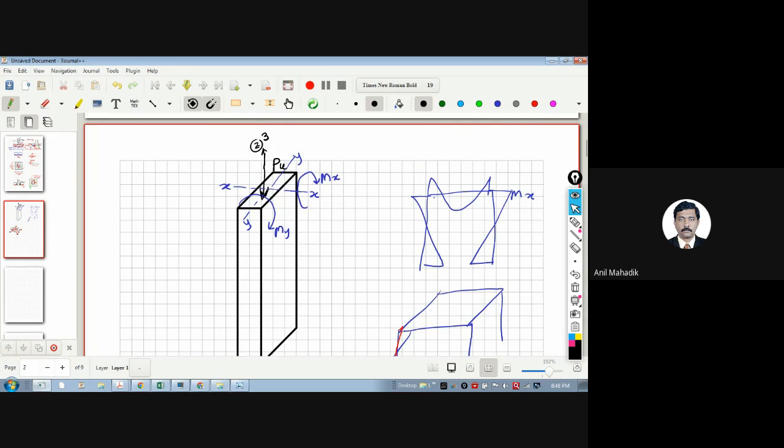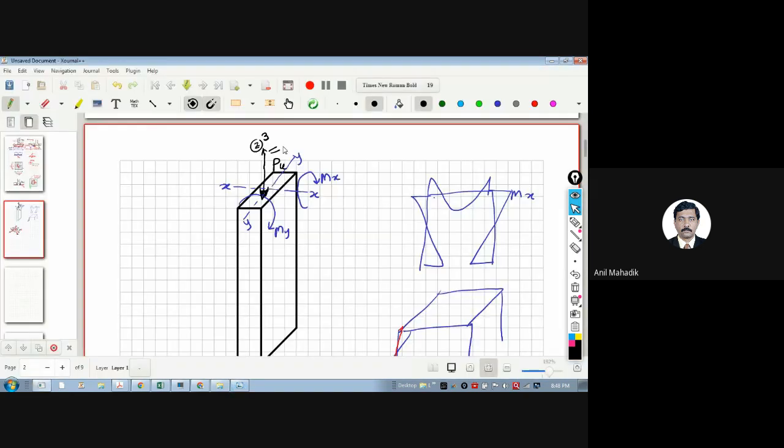That's why this load is 1154. Then Mx is nothing but M1, M11, which is 1.06.